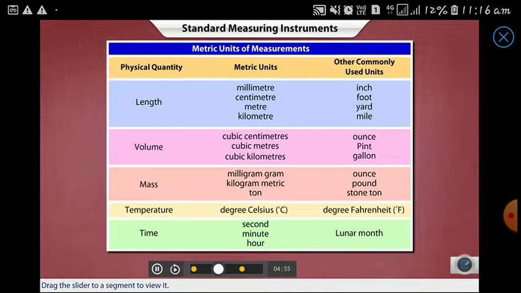In order to make measurements of any physical quantity such as length, area, mass or weight, temperature and volume, we need standard measures called units. The units we generally use in India are known as the metric units. The table shows some physical quantities and their units commonly used in the world.